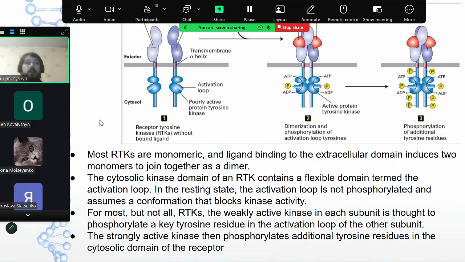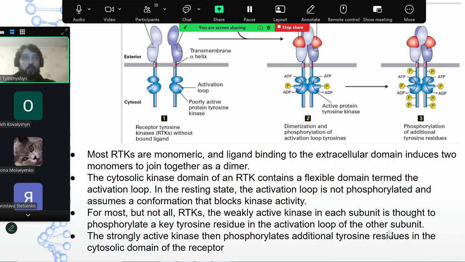Most RTKs are monomeric, and ligand binding to the extracellular domain induces two monomers to join together as a dimer. The cytosolic kinase domain of an RTK contains a flexible domain termed the activation loop. In the resting state, the activation loop is not phosphorylated and assumes a conformation that blocks kinase activity, so it is inactive. For most, but not all, RTKs, the weakly active kinase in each subunit is thought to phosphorylate a key tyrosine residue in the activation loop of the other subunit.